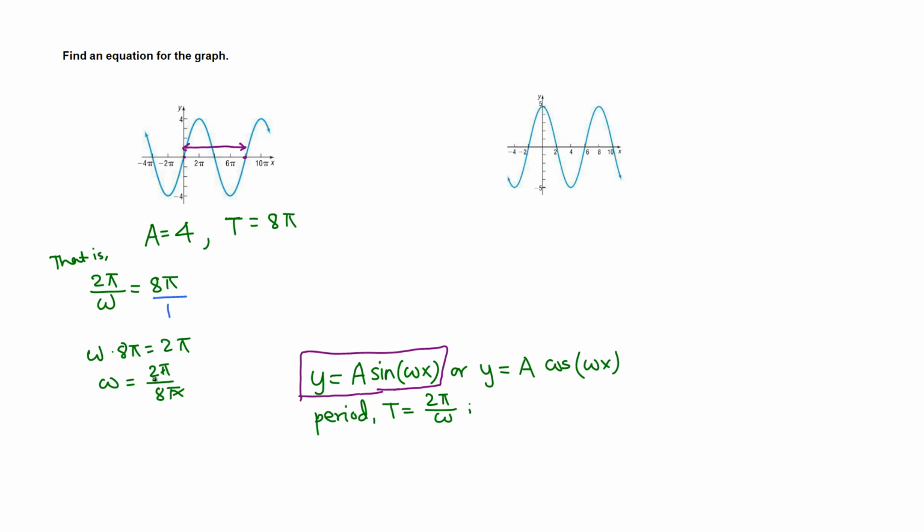Pi cancel. 2 goes into 4 two times, so 1/4. Thus the equation for this graph is y equals 4 sine 1/4 x.